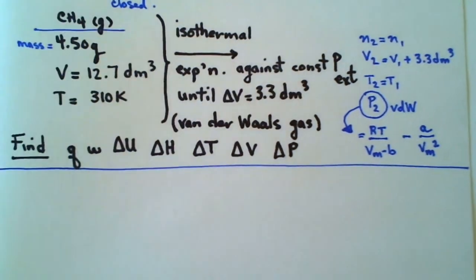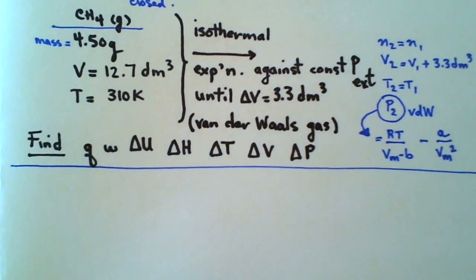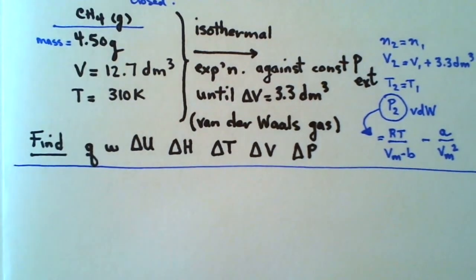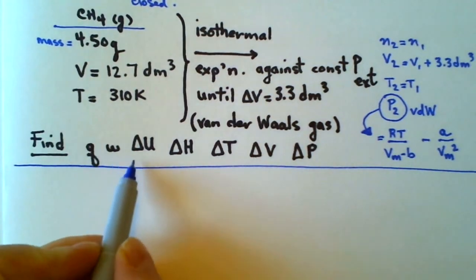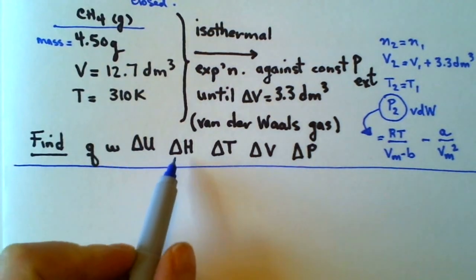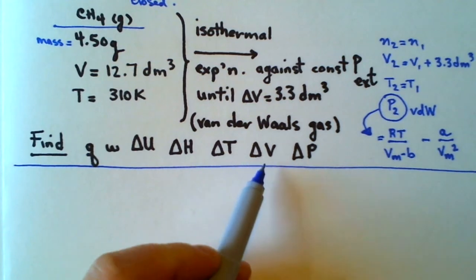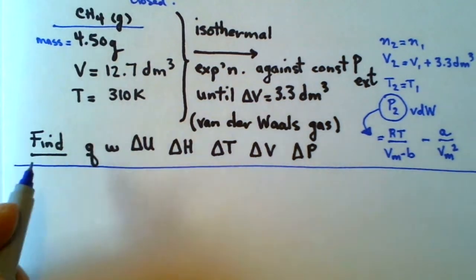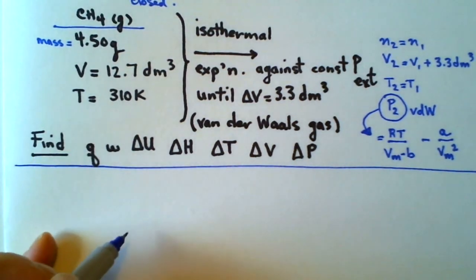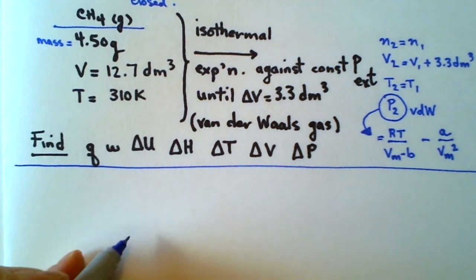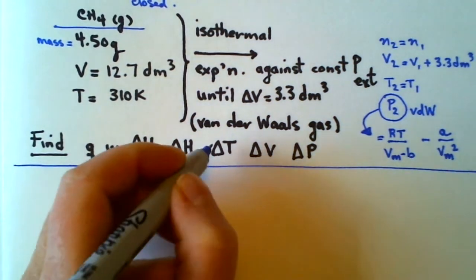So I think we have enough information hopefully to determine the heat, the work, and the changes in internal energy, enthalpy, temperature, volume, and pressure. And we'll circle these maybe as we go along. Okay, I'm going to do the easy one first because it's isothermal.